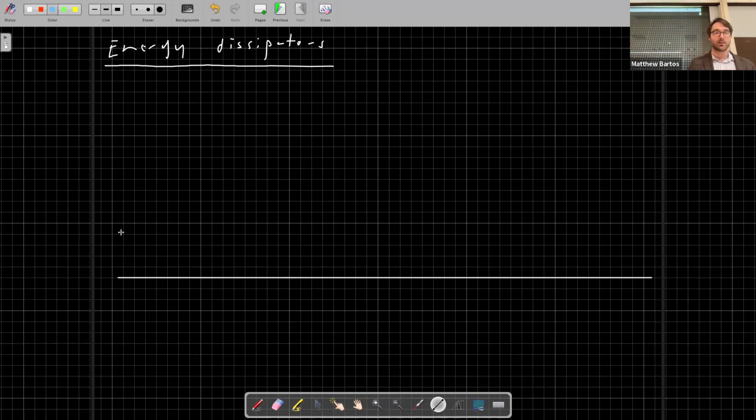We have some water coming in that is at supercritical flow. We're going to have some water coming out at subcritical. Within this section here, we're going to get some hydraulic jump. We have our control volume.